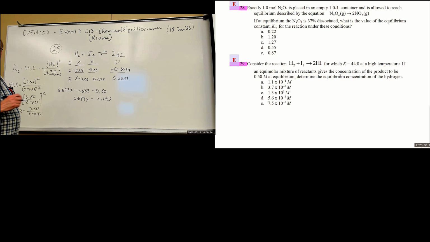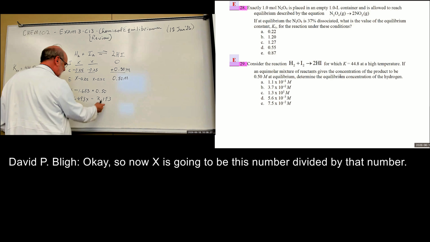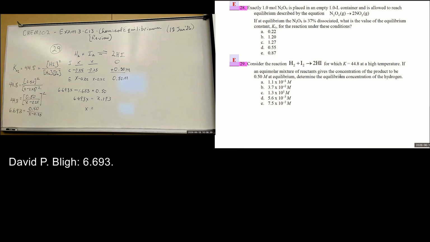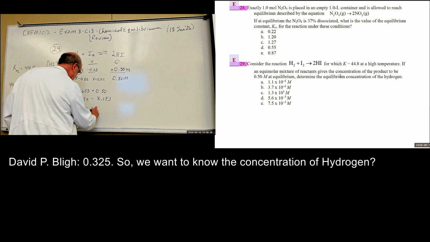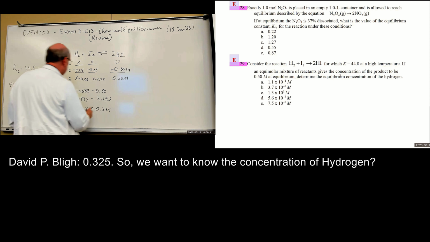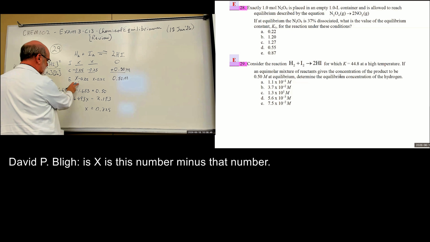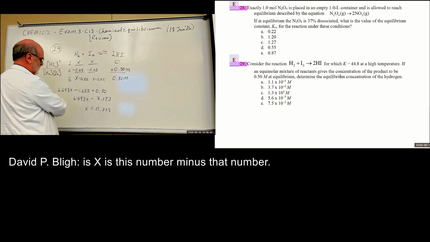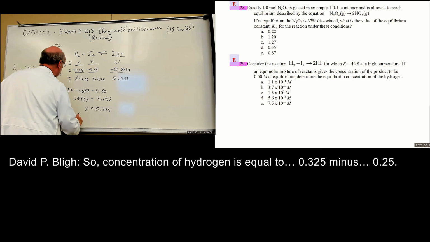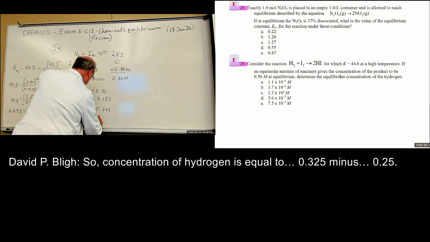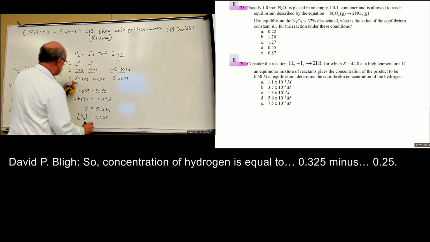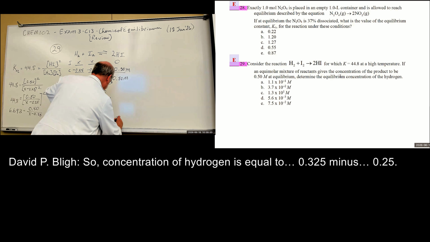My math okay so far? Now X is going to be this number divided by that number. 2.173 divided by 6.693 is 0.325. We want the concentration of hydrogen, which is X minus 0.25, so 0.325 minus 0.25.